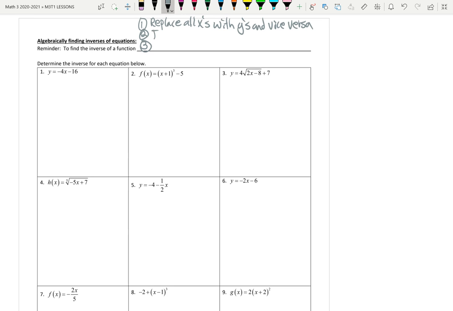Step 2, isolate y using inverses. And then step 3, flip. Usually as a process of using the inverses and replacing, the y will be on the other side. So let's go ahead and do a couple.